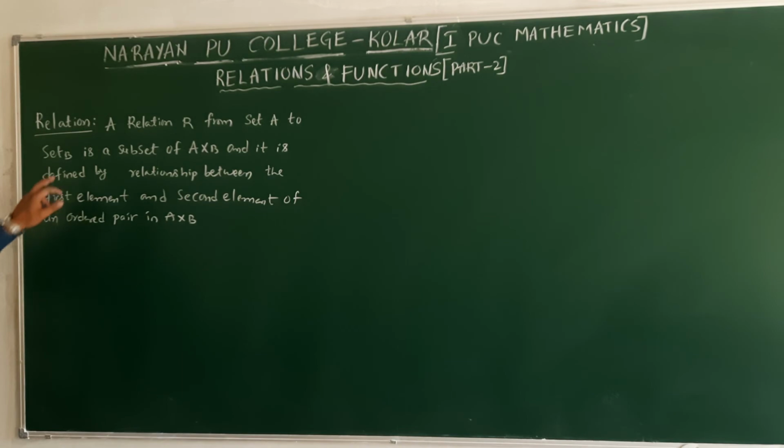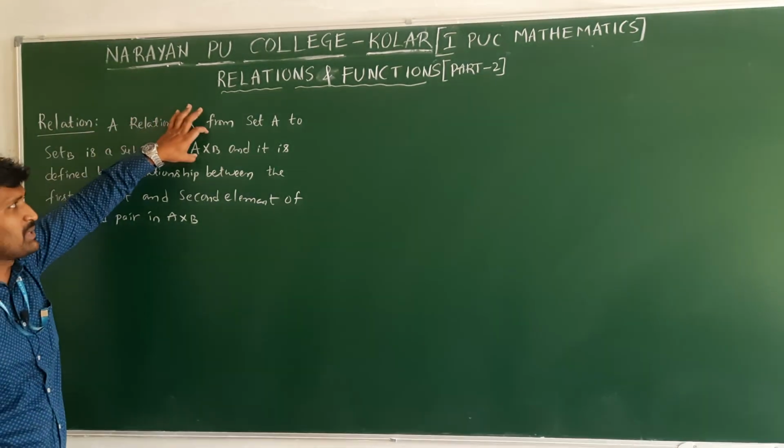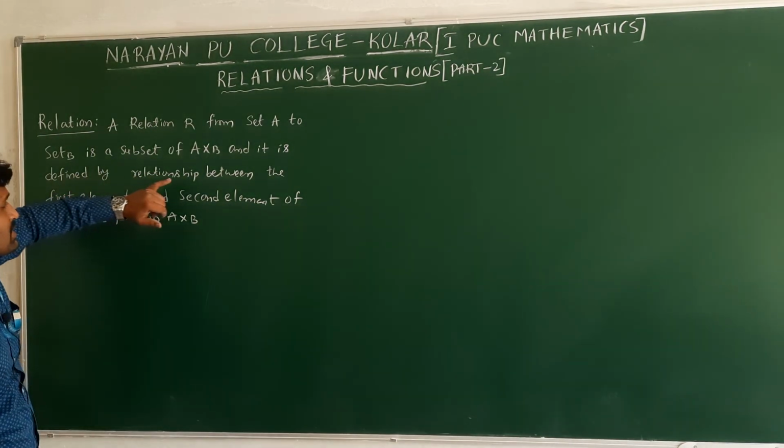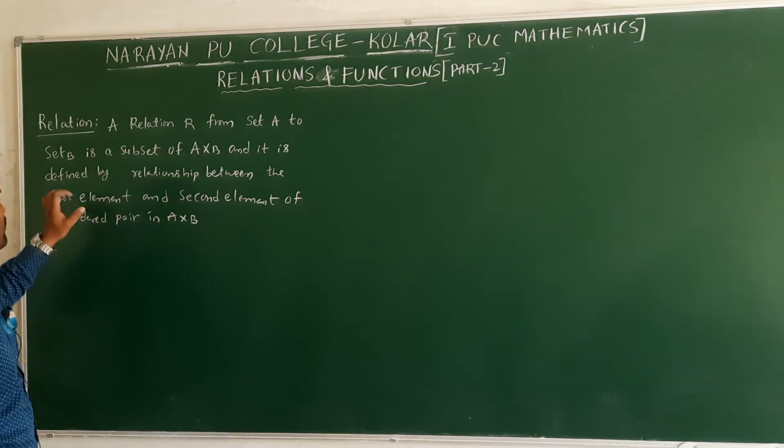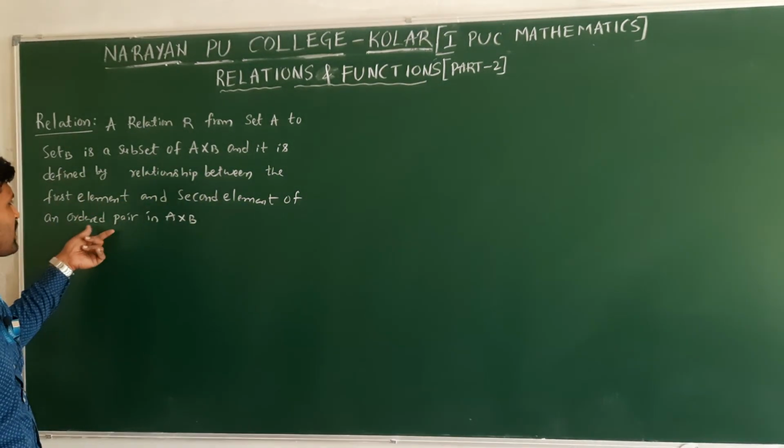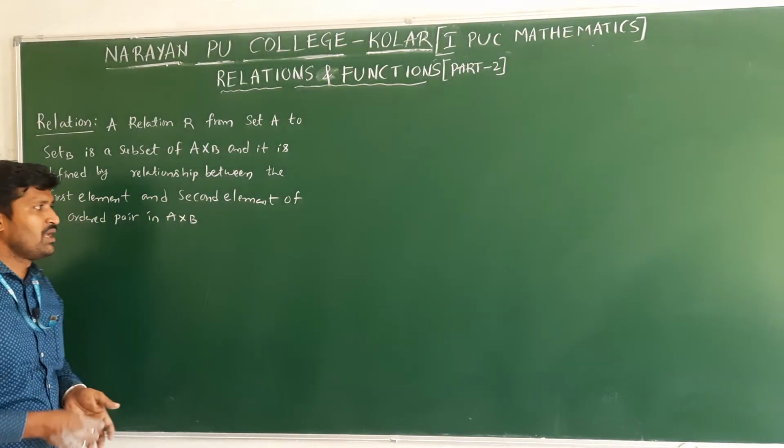That means a relation from set A to set B is, first of all, a subset of A cross B, and this can be defined as building the relationship between the first element and second element of an ordered pair in the A cross B value.